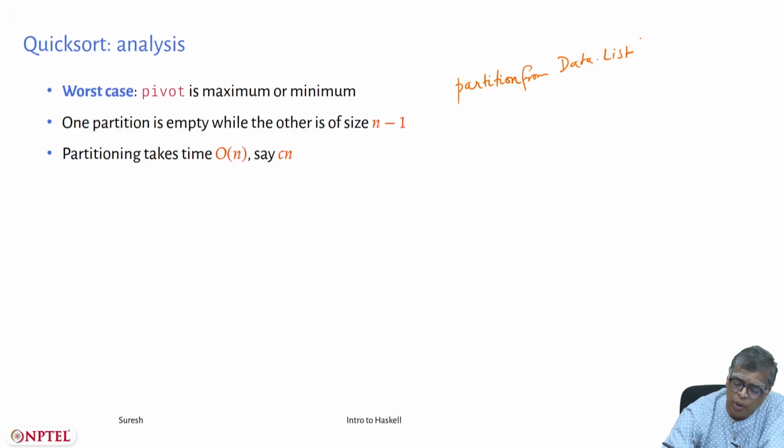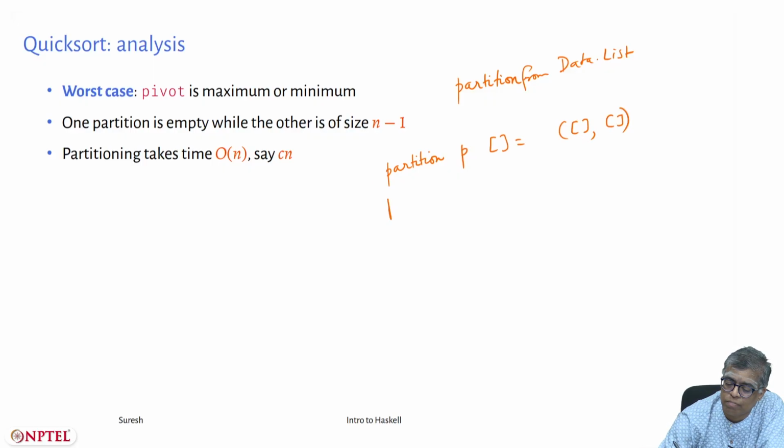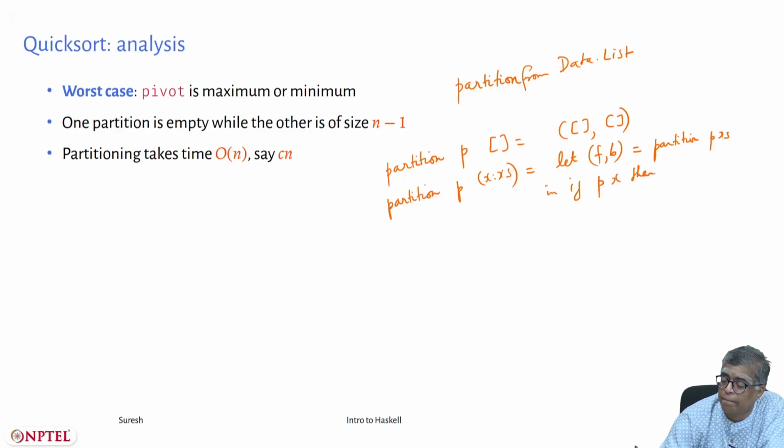In fact, we can write the program for partition. Let's call the predicate P. Partition P of the empty list is just the empty list comma empty list. Otherwise, let f, b equal partition P of xs in: if P of x, then x dot f comma b, else f comma x dot b.